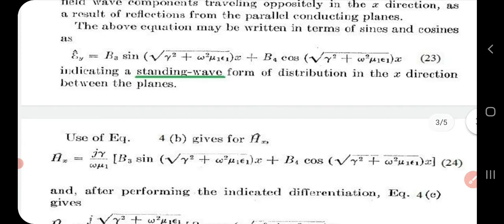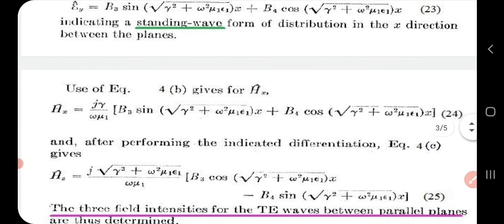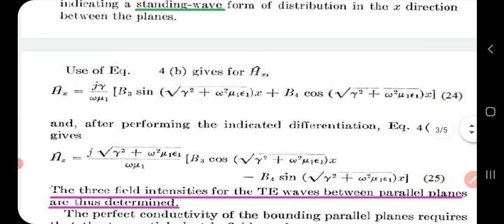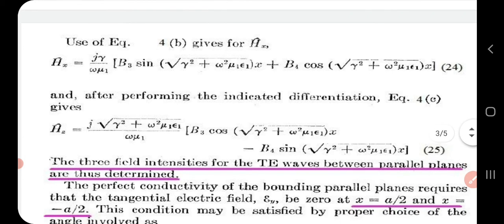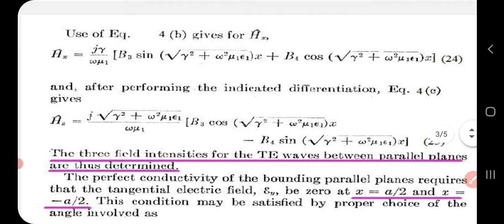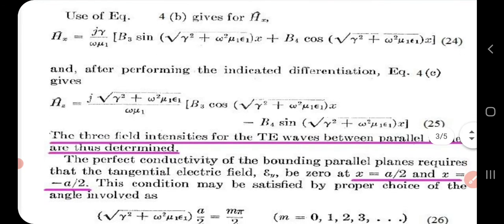Now we are using equation 4b to give the x component of magnetic field as equation 24. After performing differentiation, which we are not showing here, the above equation, that is equation 4c which was discussed earlier, will give a form as given by equation 25.